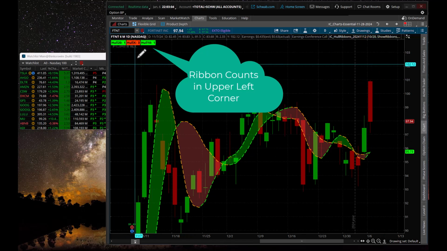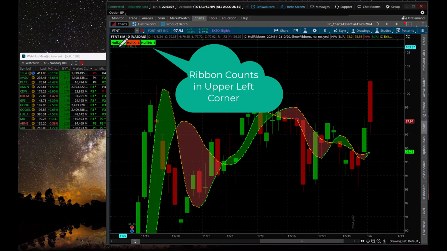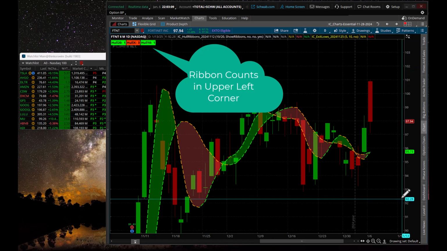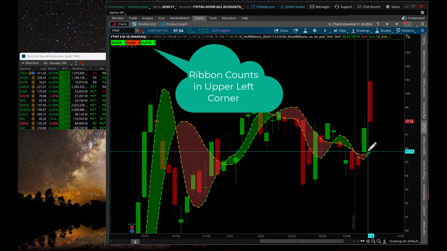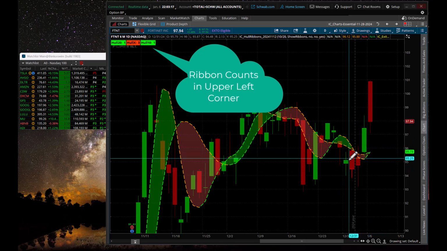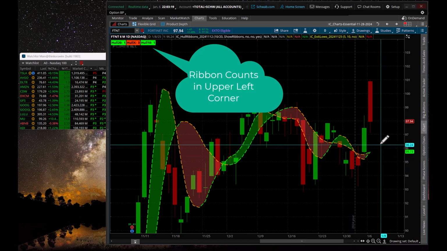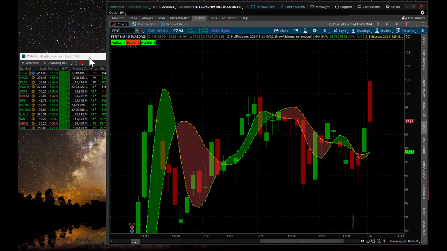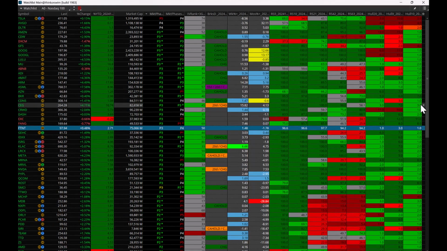It hasn't gone through the 20 yet, but the 10 has changed direction and the 20 has changed direction. The significance is the fact that they have in fact done that, and it's sort of setting up. So that's how the ribbons work from a timing perspective.